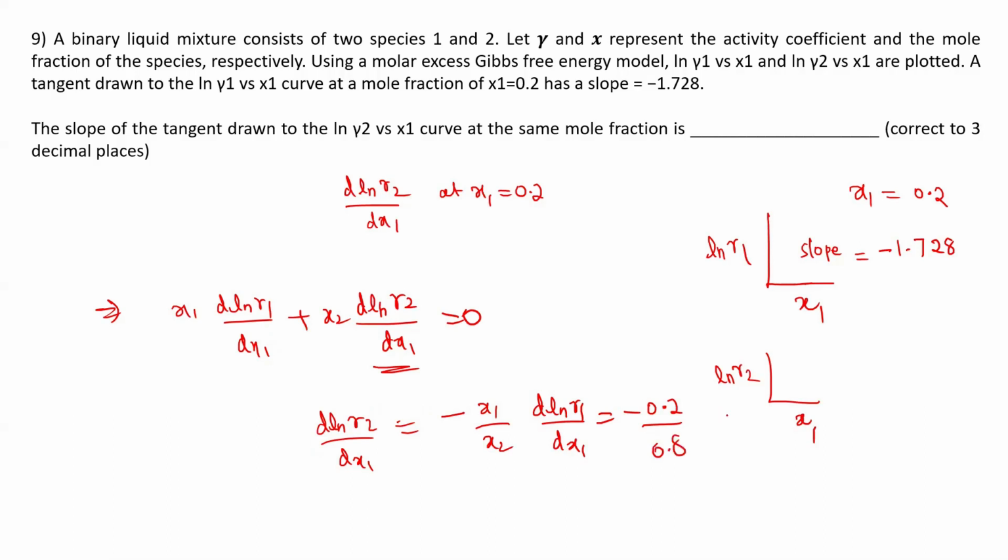So 0.8 into minus 1.728. So this will be positive and equal to 0.432, slope. Okay.